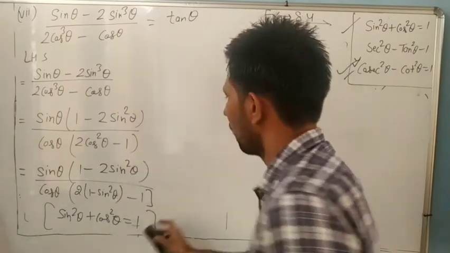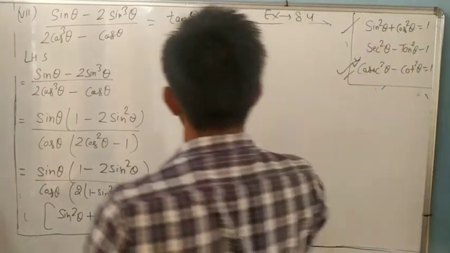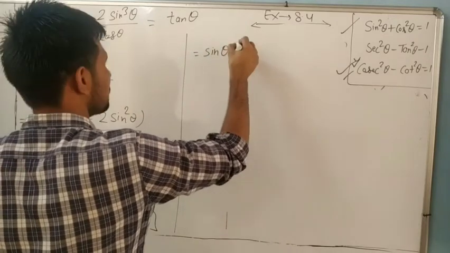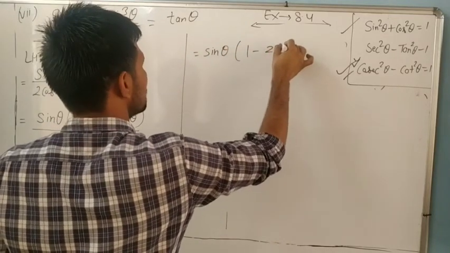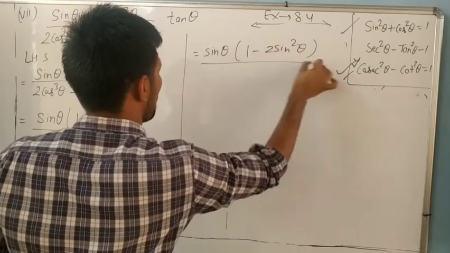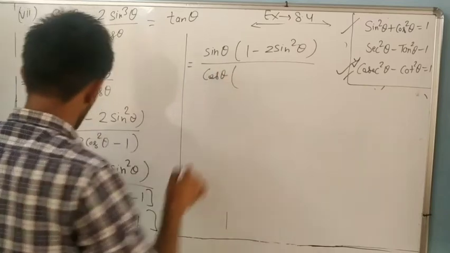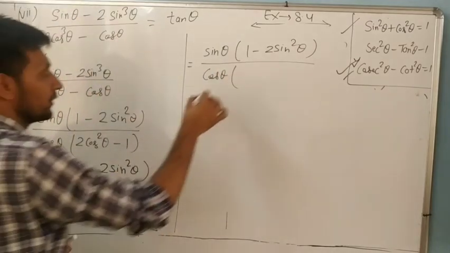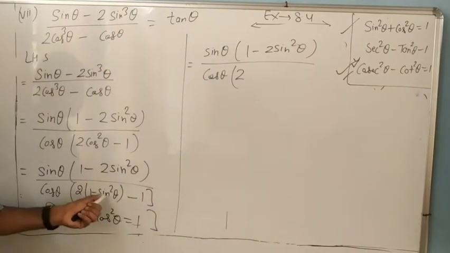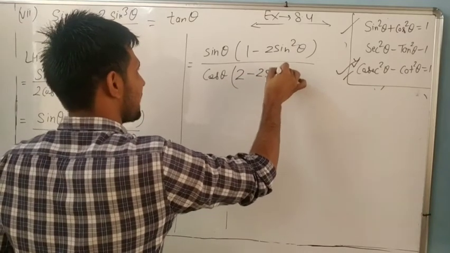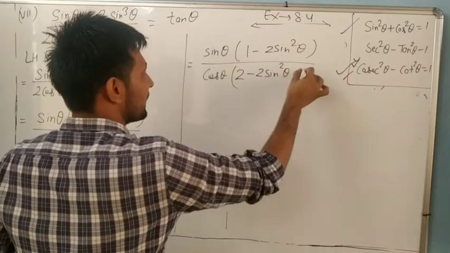Now only solve them. Sin theta into 1 minus 2 sin square theta upon cos theta. Now 2 into 1, 2. 2 into positive into negative, negative, minus 2 sin square theta and minus 1.